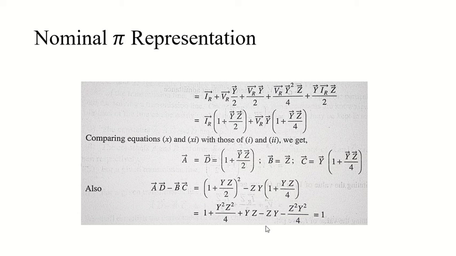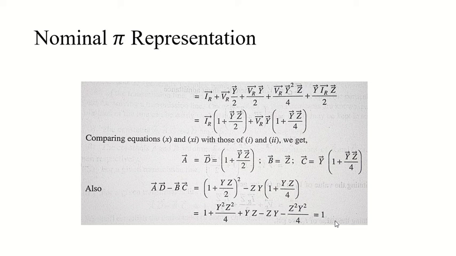When you take this subtraction, if you are left with only 1, that will mean your ABCD parameters are derived correctly. If you do not get the answer 1, that means there is some error in your derivation.